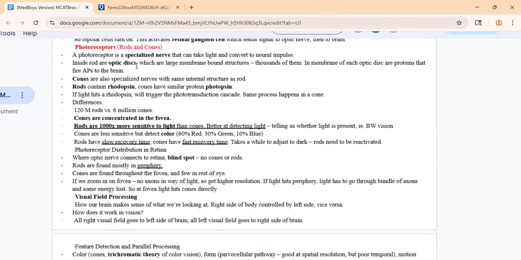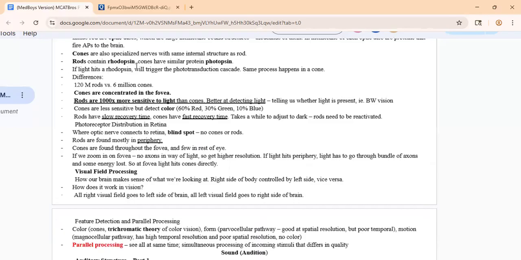So as we mentioned before, we're back with the rods and our cones. It's very important to know that cones and fovea, they go together. They're always together. So rods will contain rhodopsin.